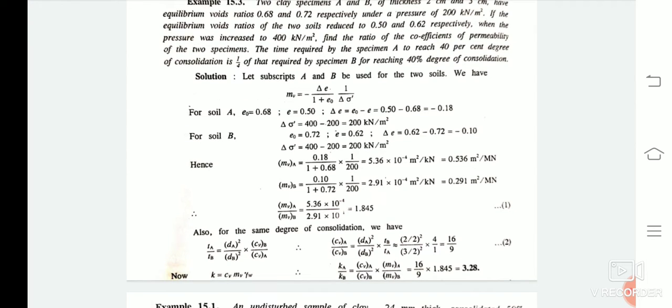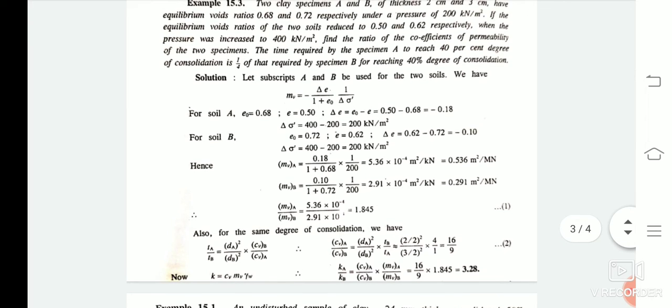Again, if the samples have the same degree of consolidation, then making a ratio of their times to consolidate, TA by TB will be equal to dA square by dB square multiplied by CvB by CvA, where d is the depth of the sample and Cv is the coefficient of consolidation. So for finding the ratio of the coefficients of consolidation, we could write TA square into TB divided by TB square into TA.